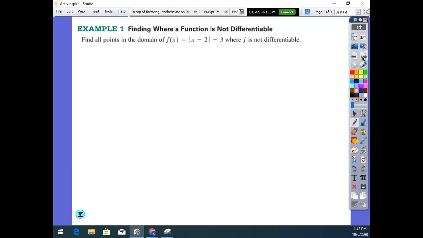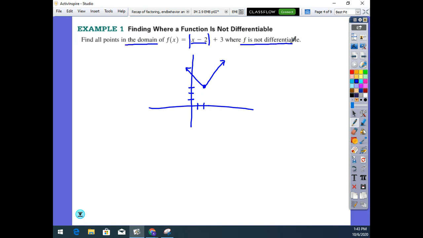All right, so if we think of this graph, I'm going to shift to the right 2, up 3. What's the shape of absolute value? Just our V. Now, we find all points where it is not differentiable. When you are listing points, it's not a coordinate point.